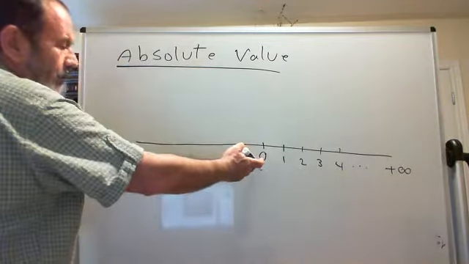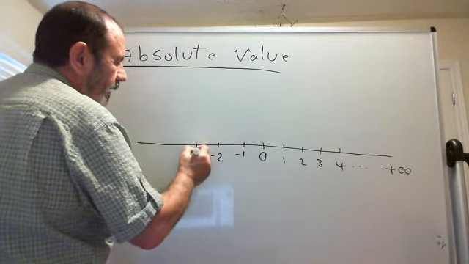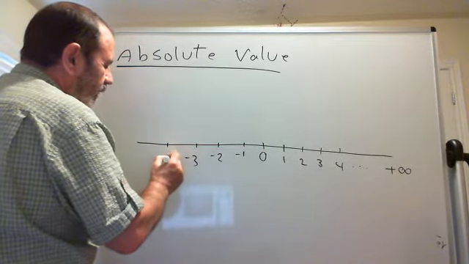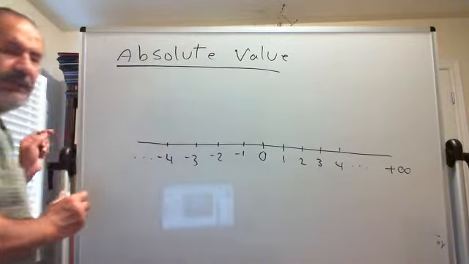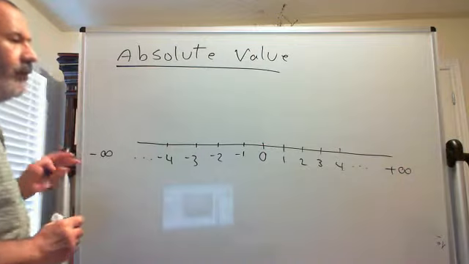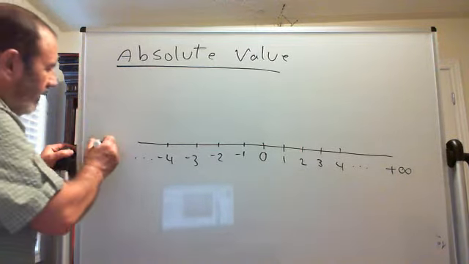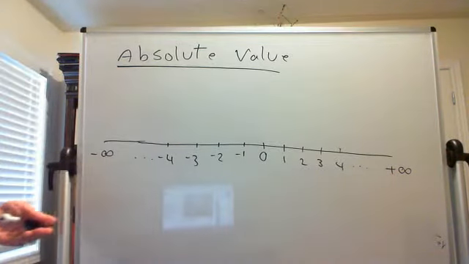And when we are going backward to the left side of the 0, it's going to be negative 1, negative 2, negative 3, negative 4, and it keeps going backward until it ends up at a very small number that we call negative infinity. This line we call the number line.